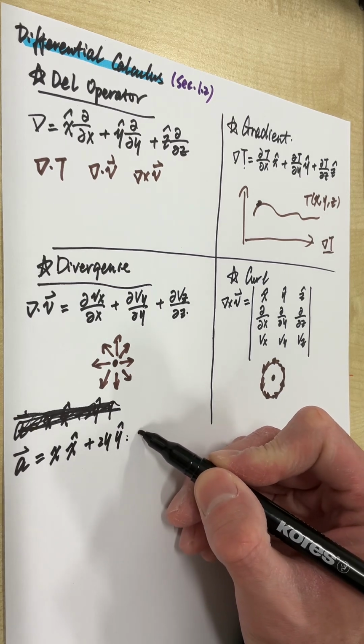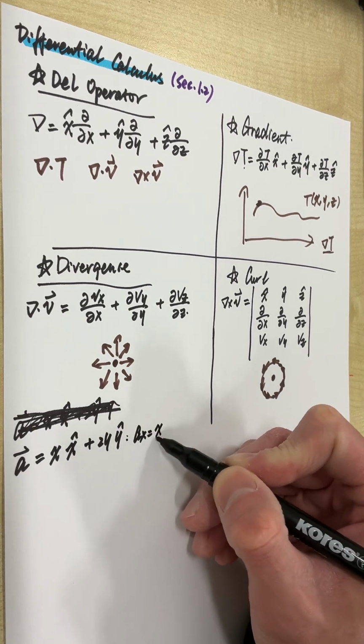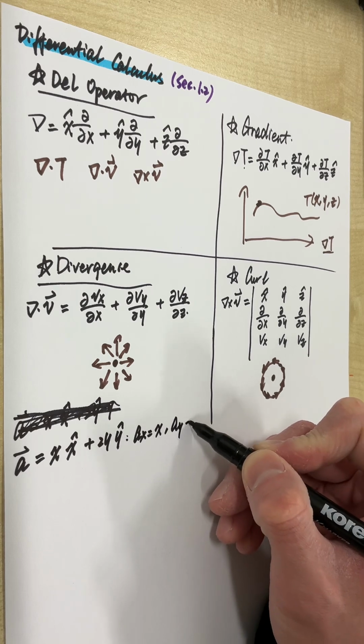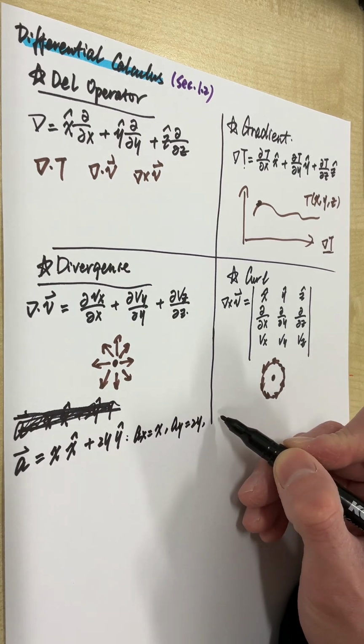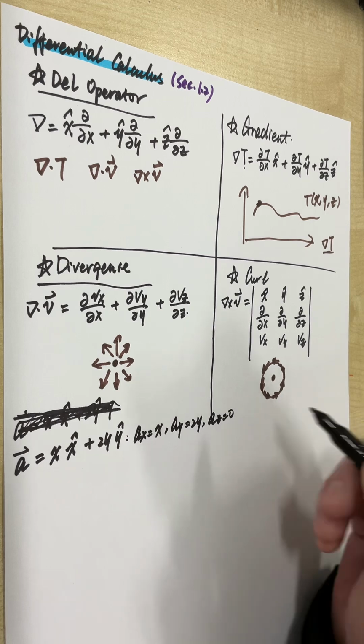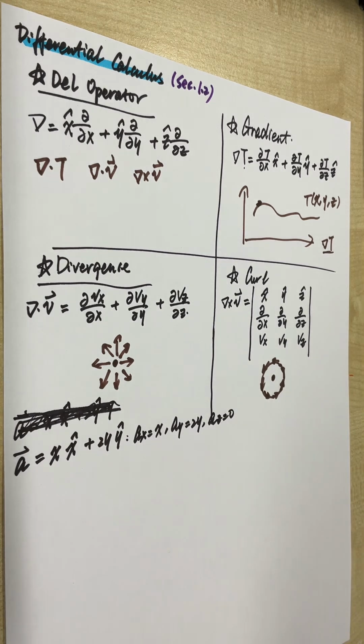So what we have here is Ax equals x, Ay equals 2y, and Az equals 0.